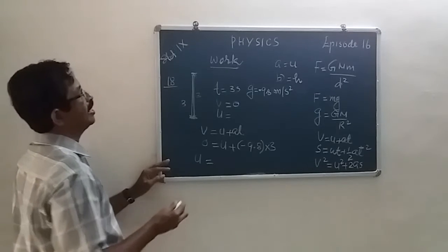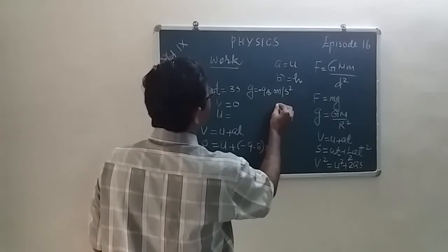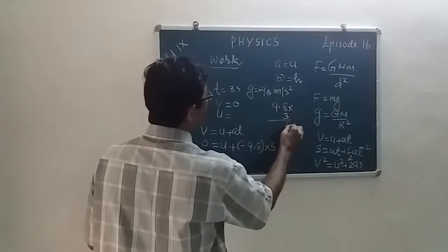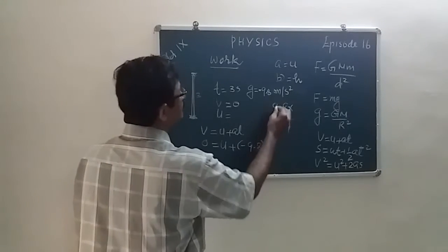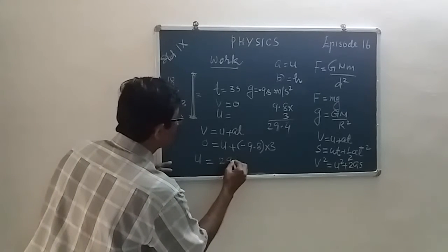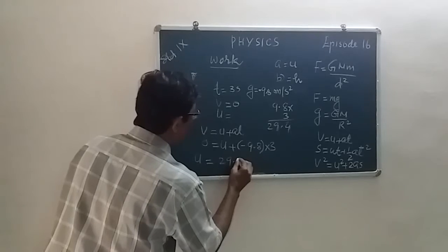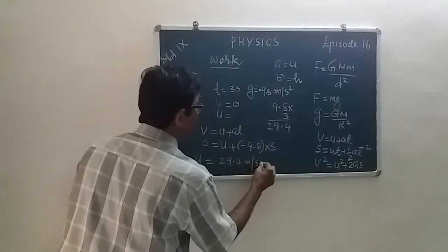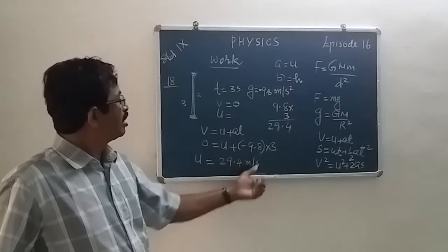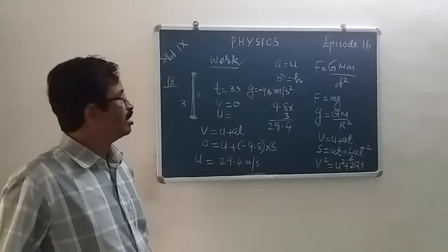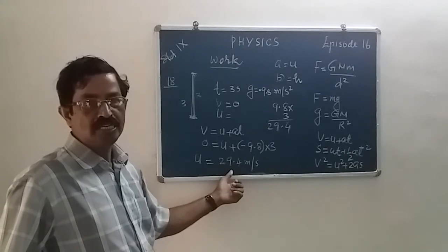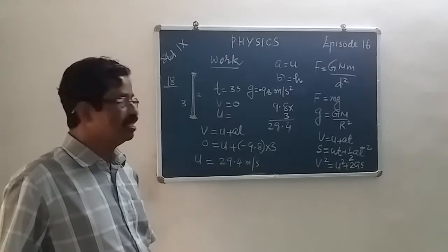Then 3 into 9.8, how much will it be? 9.8 into 3. 3 times 8 is 24, balance 2; 3 times 9 is 27, plus that 2, that is 29.4 meter per second. This is the velocity with which the stone is thrown in the upward direction. It is 29.4 meter per second.